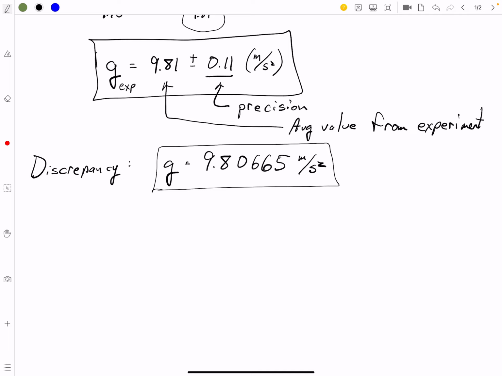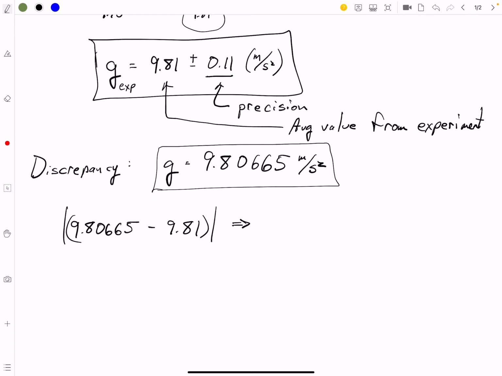What is our discrepancy? Our discrepancy would be 9.80665 minus 9.81, and then we want to take the absolute value of this, and that is going to give us our discrepancy.